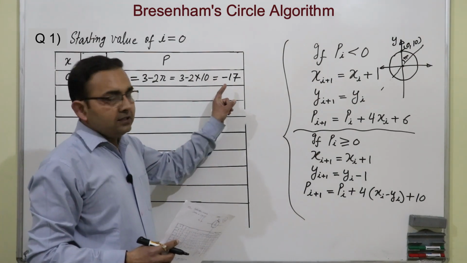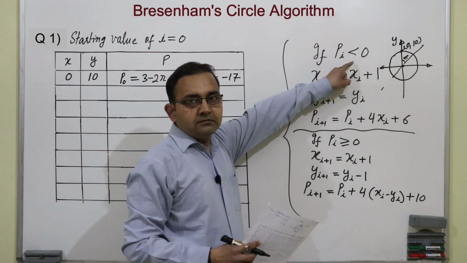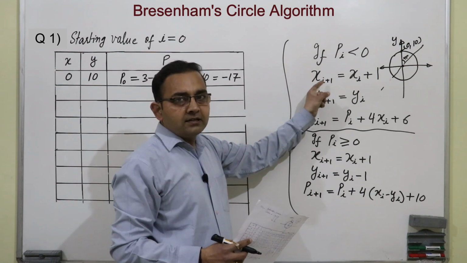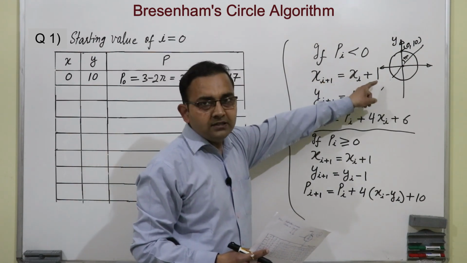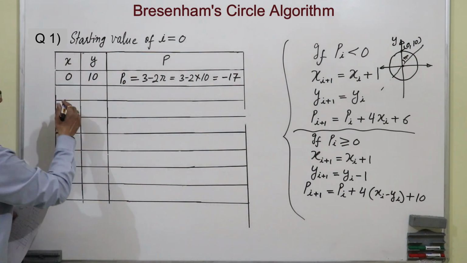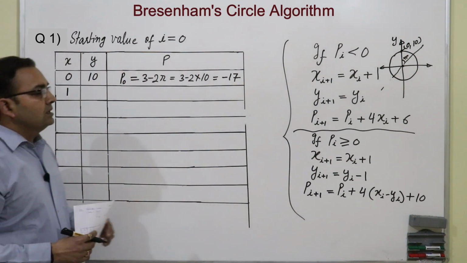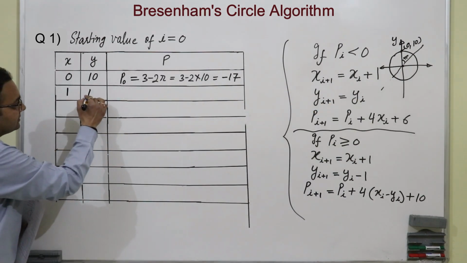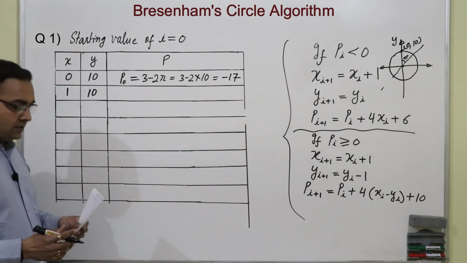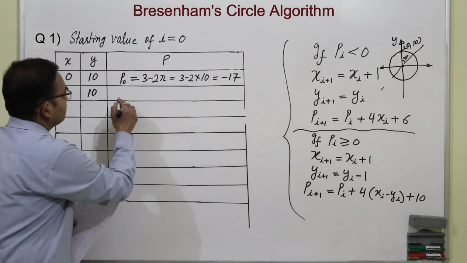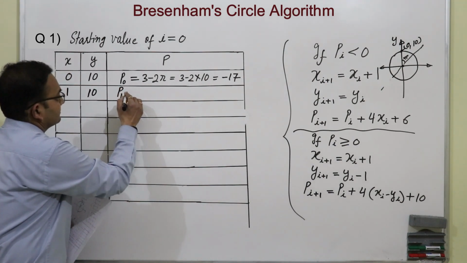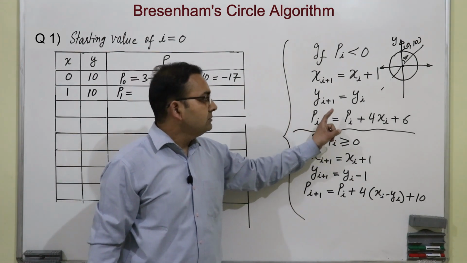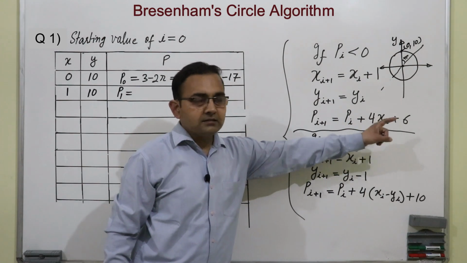Now, it is minus 17, Pi is less than 0. If Pi is less than 0, then the next coordinate xi plus 1 will be 1, and yi plus 1 equal to yi, it will be 10. Now, we will calculate P1. Pi plus 1 equal to Pi plus 4xi plus 6.